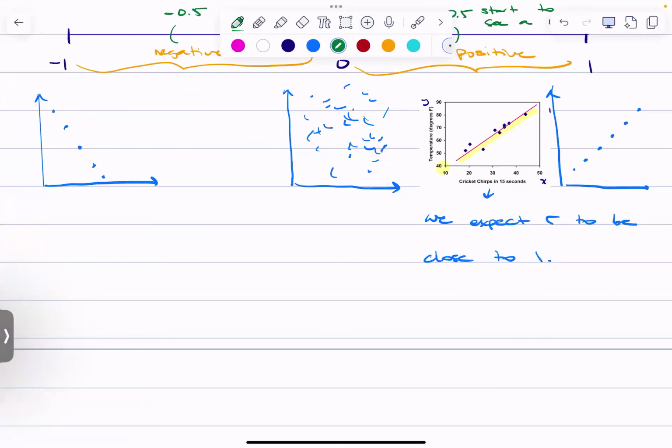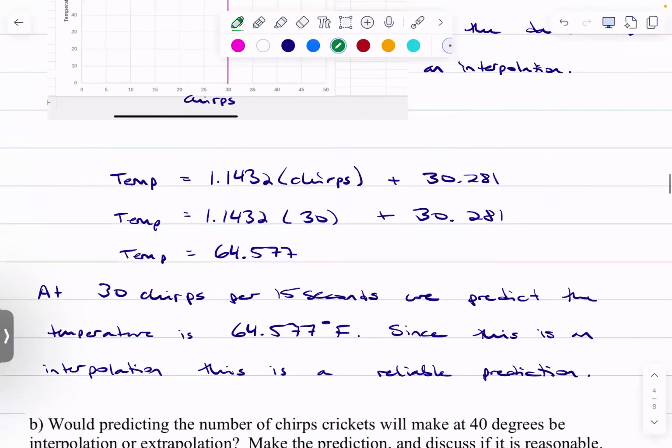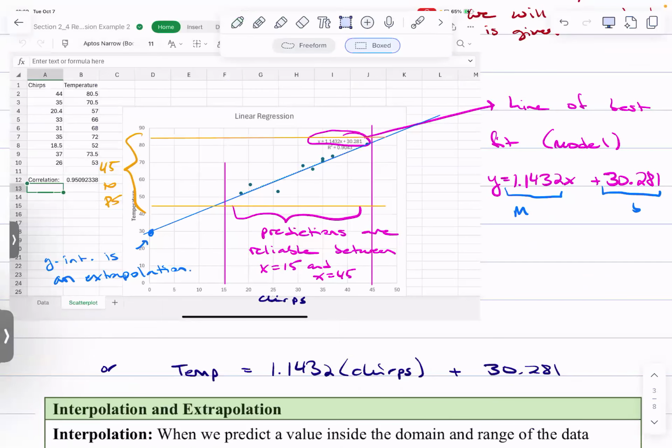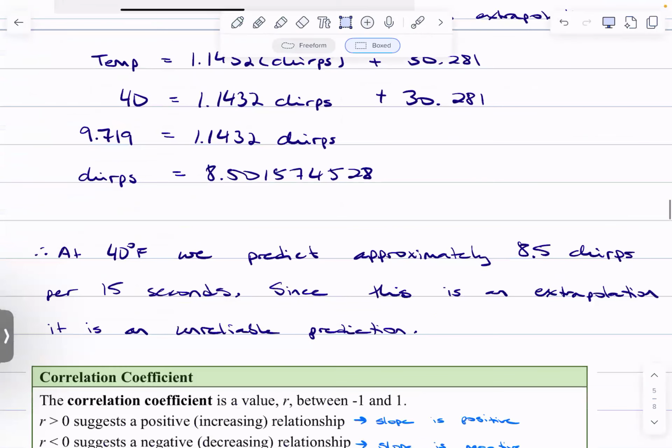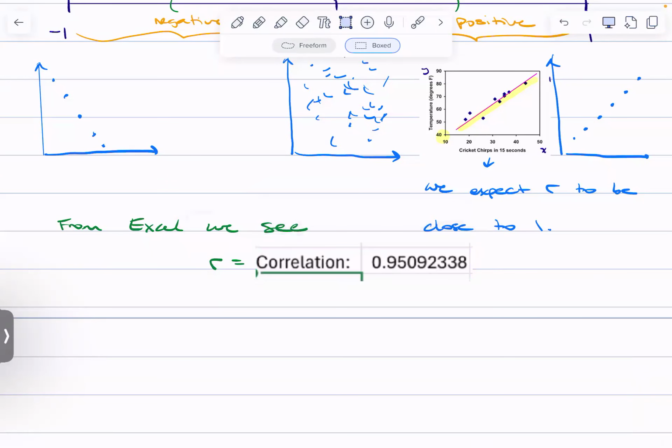So from the Excel output, we see that the correlation, which is your R, was 0.950923338, which is close to 1. 0.95, pretty high.